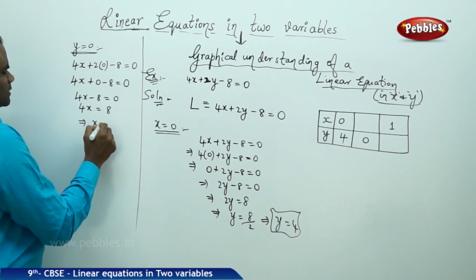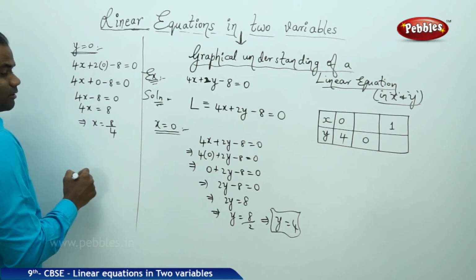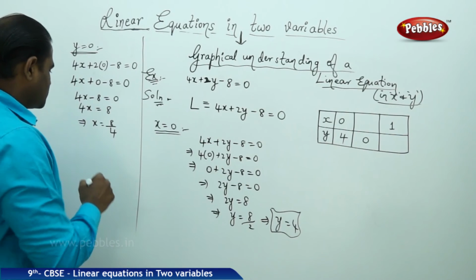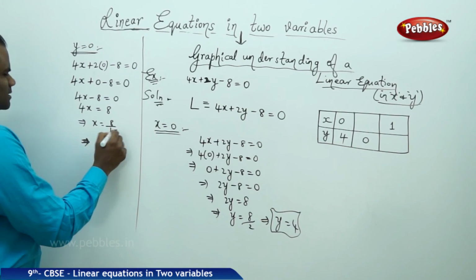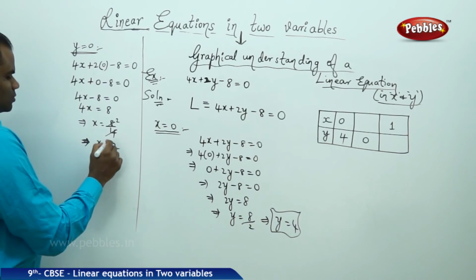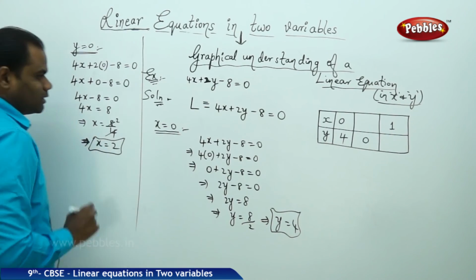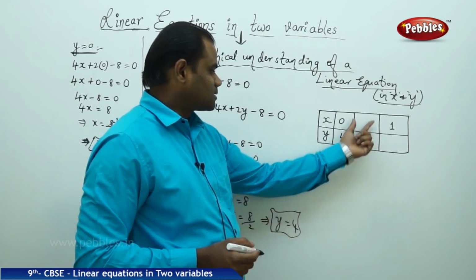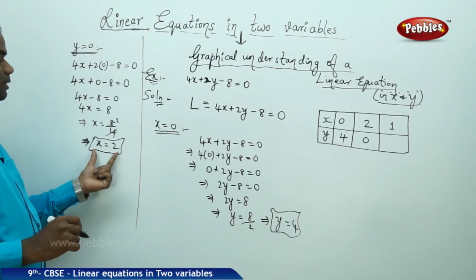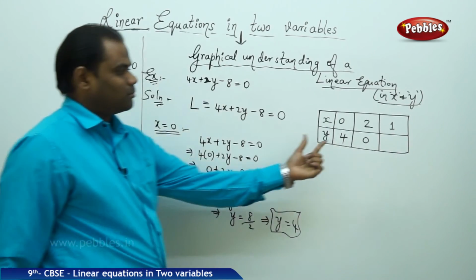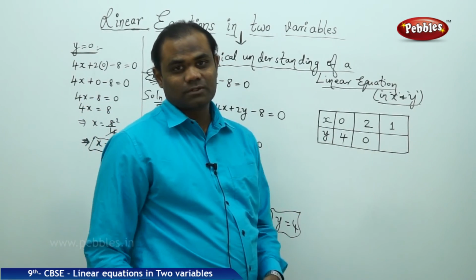That implies x is 8 by 4, which is 2. Therefore, when y is 0, I get x equal to 2, which I fill in the empty box.